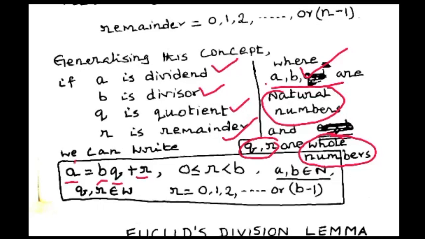Here a is the dividend, b is the divisor, q is the quotient, r is the remainder. And we have observed that 0 less than or equal to remainder less than divisor, that is, 0 less than or equal to r less than b. So we get the remainders 0, 1, 2, 3 and so on up to b minus 1. Here we must remember that q and r are whole numbers.